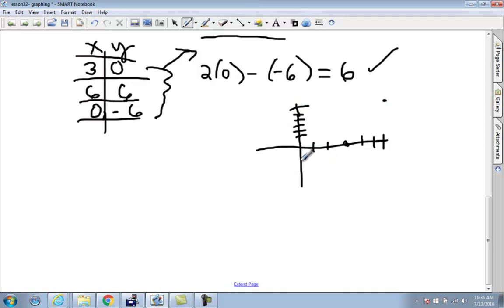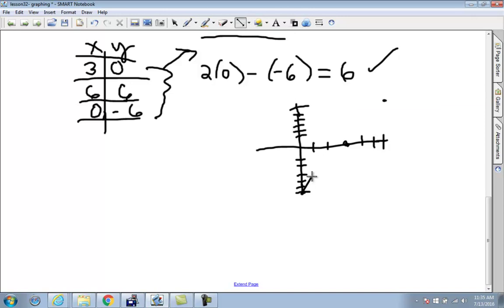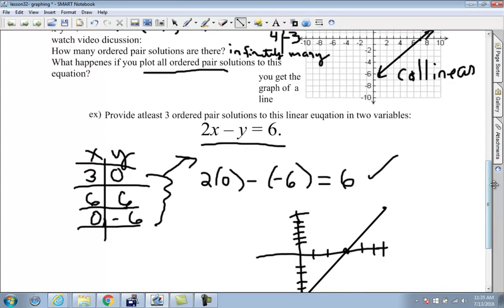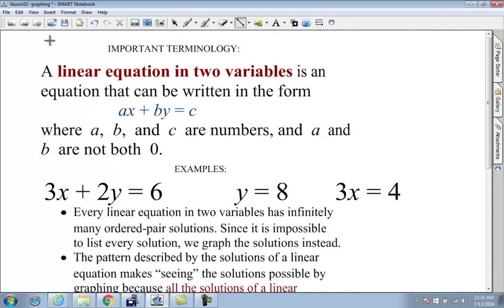And then 0, -6. 1, 2, 3, 4, 5, 6. That's down here. And indeed, all those points are collinear. Okay? And like I said, if I snip the graph paper in there, that'd be easier to see. Okay, hope that helps. Let's move to the next slide.